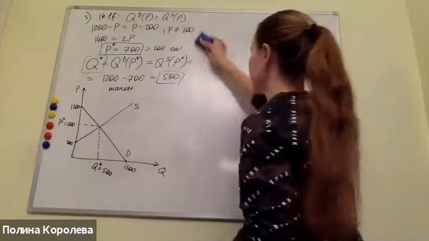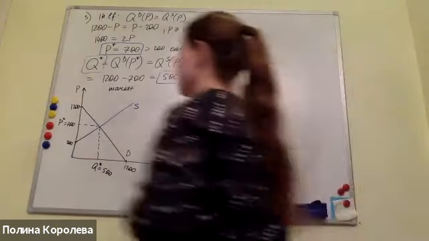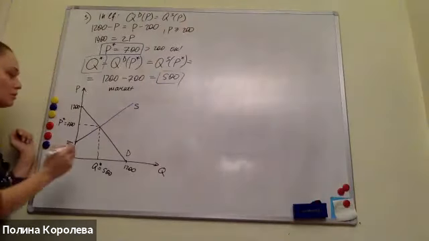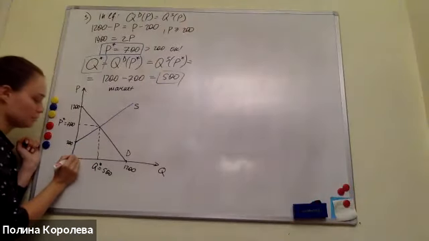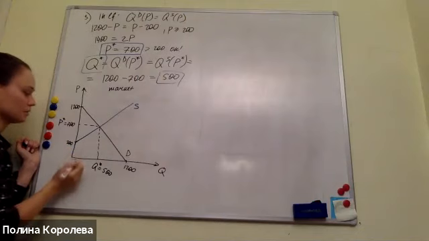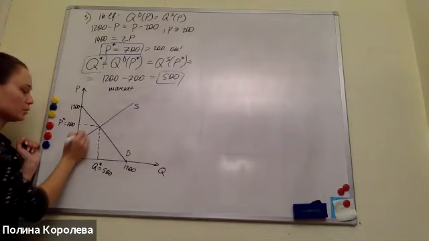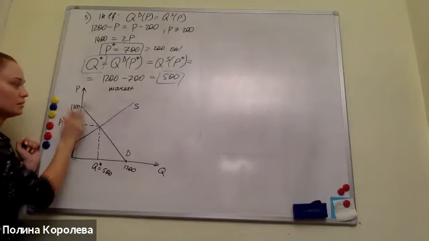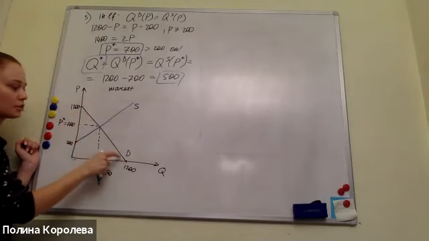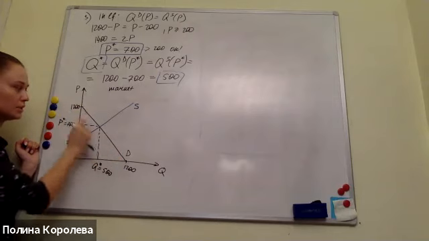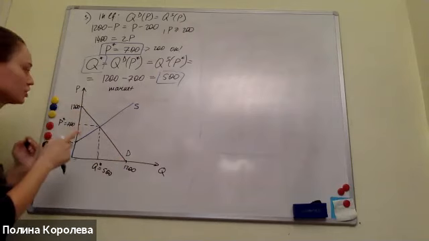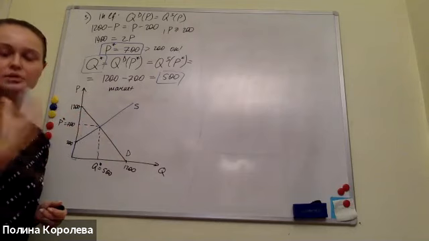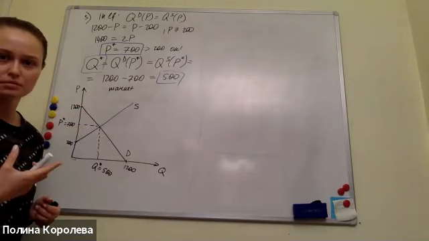How to understand where to show it? We know that, for example, the first unit, our consumers were willing to buy for a very, very high price. By definition, the inverse demand function that is shown here is the maximal willingness to pay for each unit. Yes?